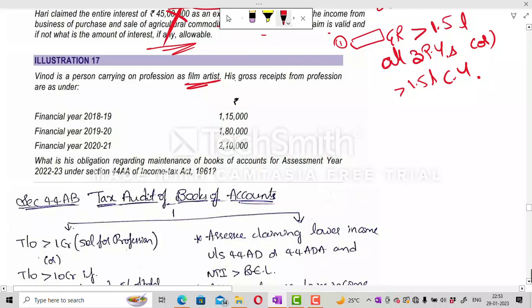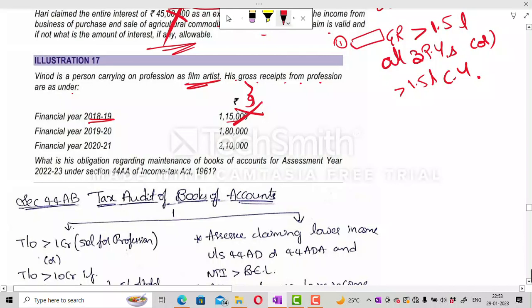His gross receipts from profession are as under: financial year 18-19, 1,15,000. See, in the current year it is not exceeded. In the previous year there is no income, so he need not maintain. What is his obligation regarding maintenance of books of accounts under section 44A of Income Tax Act 1961?